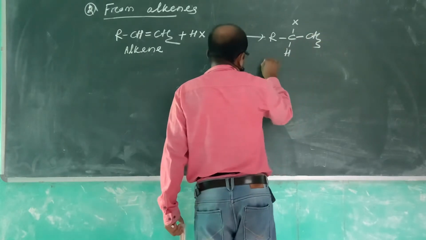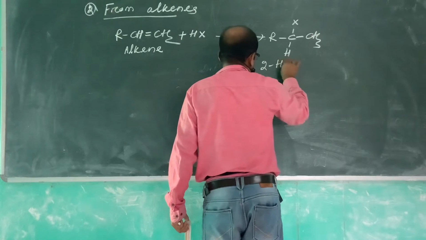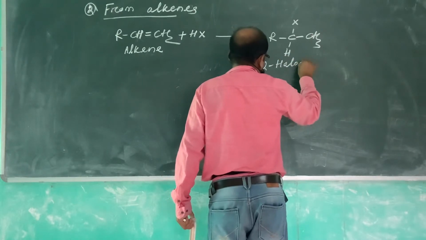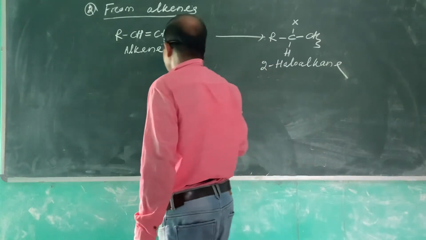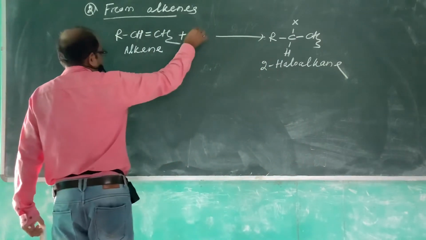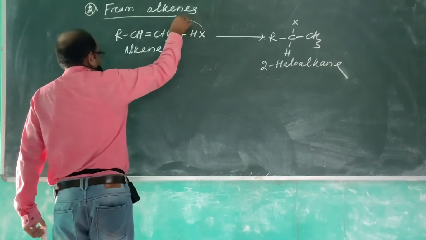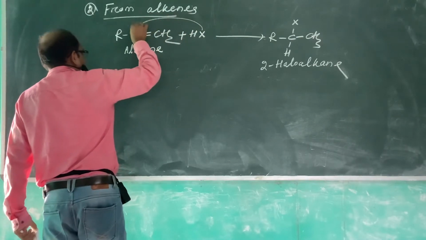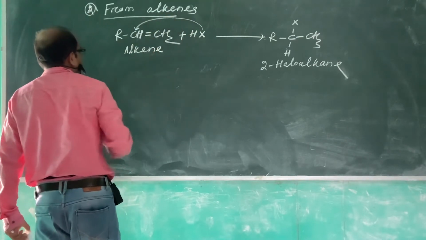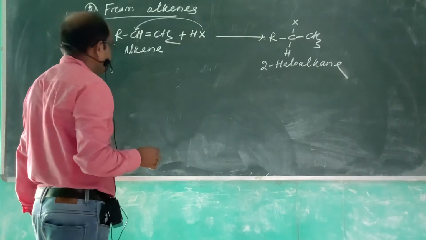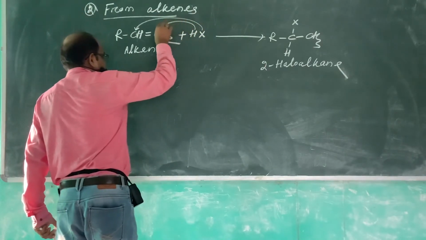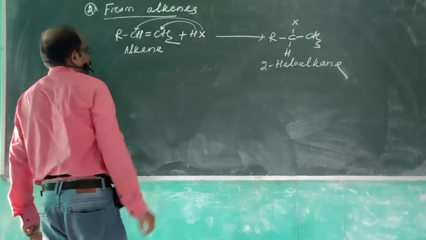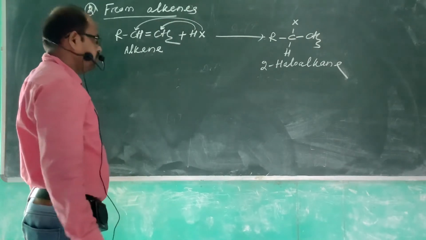That is called 2-haloalkane. Here, halogen atom is attached with the carbon atom which contains less number of hydrogen atoms of the multiple bond. The hydrogen atom is attached with the nearest carbon atom of a multiple bond.